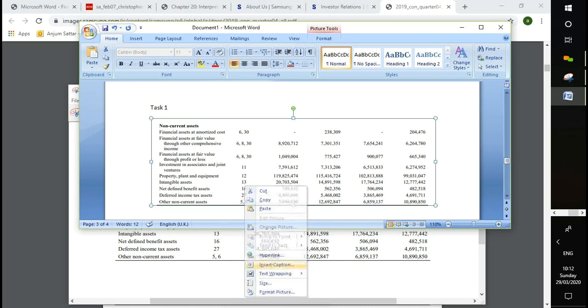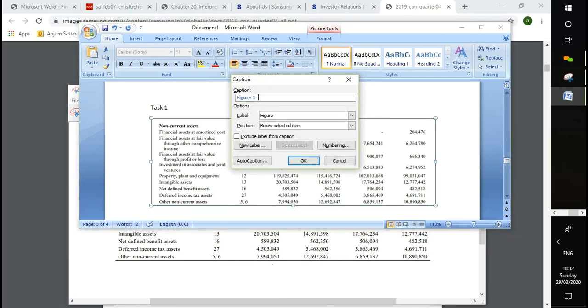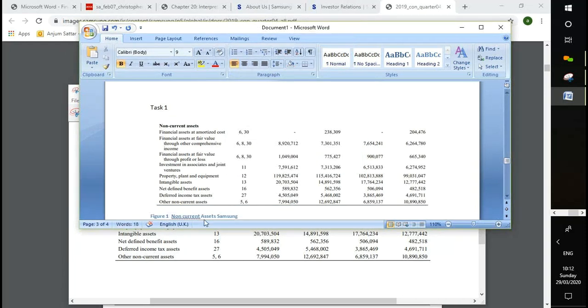If you right click, you can even insert a caption, and you can say non-current assets, Samsung, if you want. And when we write our discussion, we'll explain, so we can reference it as Figure 1. Which is quite a good approach.